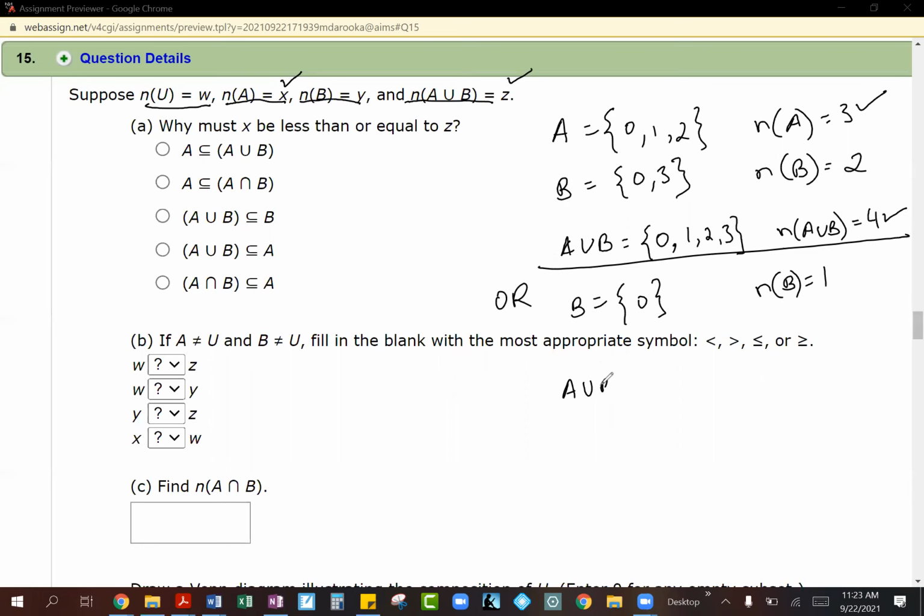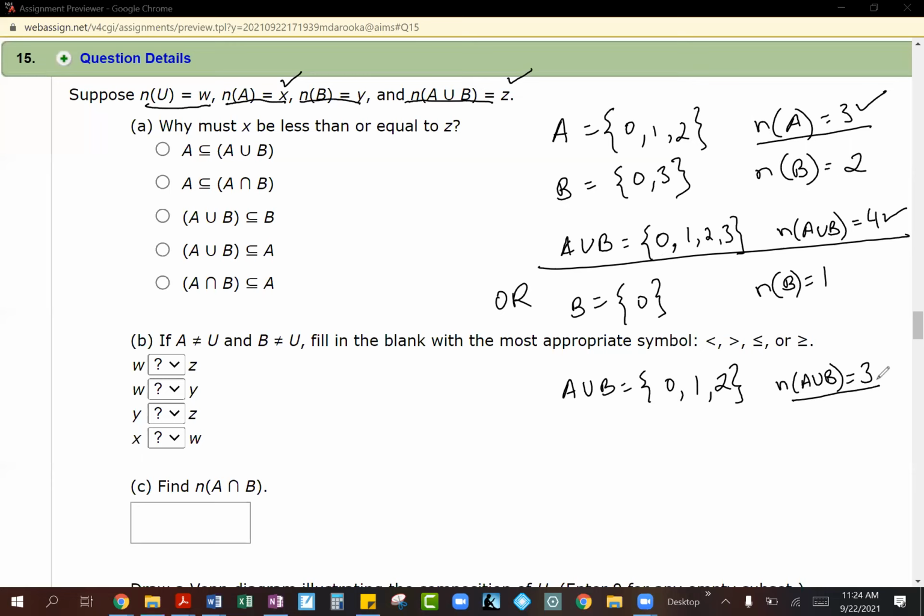When you do A union B, since 0 repeats, you only write it once, then bring down the 1 and 2. The cardinal number for A union B comes out to be 3, the same as set A. So that's why X can be less than or equal to Z.